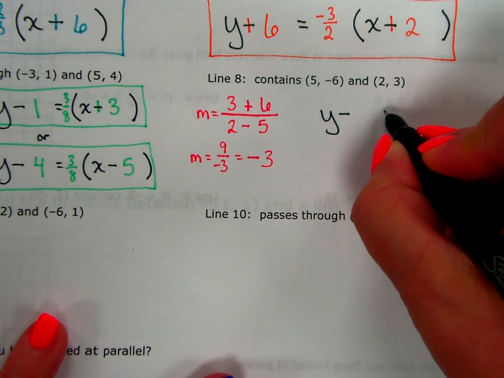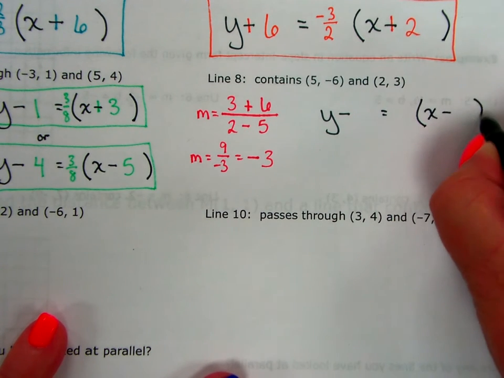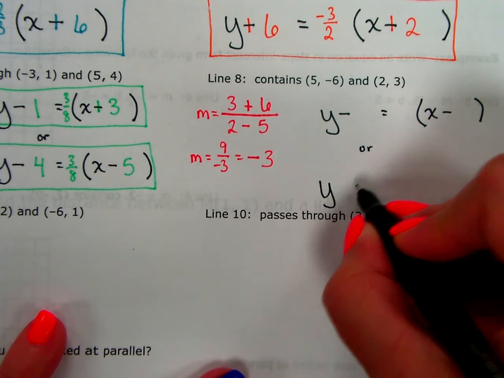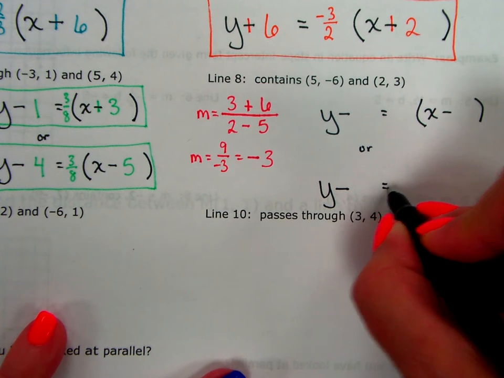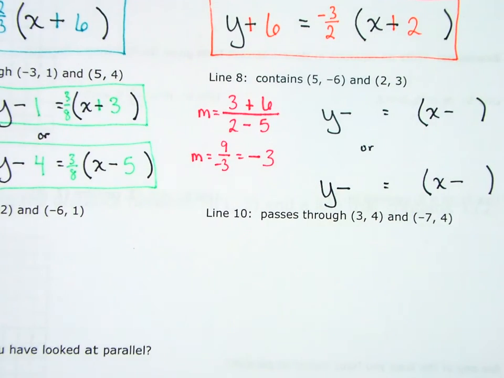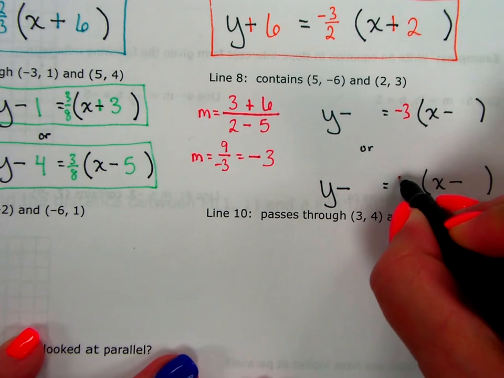All right. Y minus equals x minus, or I'm just going to put both of them. I know we only need 1, but I'm going to put both of them just for our notes' sake. They're both going to have a slope of negative 3.